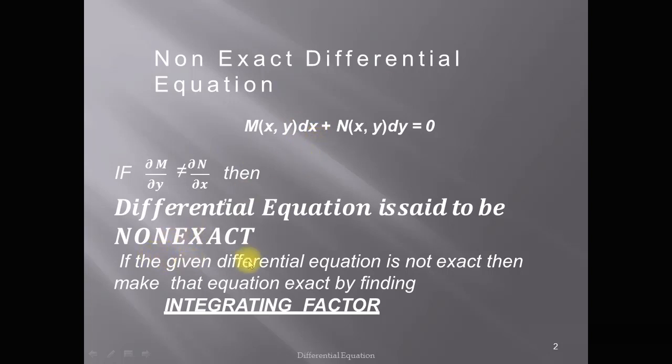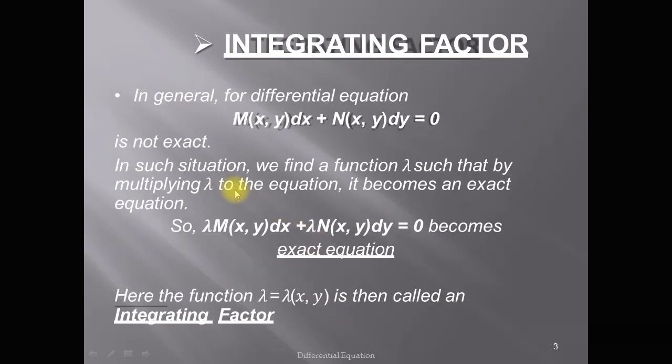And if the given differential equation is not exact, then make that equation exact by finding an integral factor. So in general, for the given differential equation M dx plus N dy, if this equation is not exact, in such a situation we find a function lambda such that by multiplying lambda to the equation it becomes an exact equation.